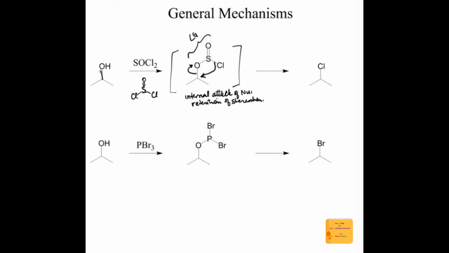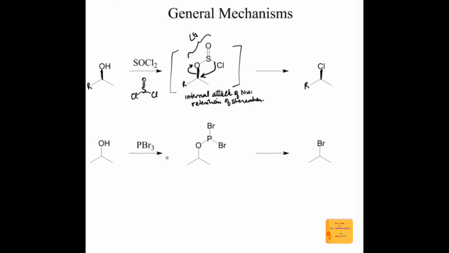So if this was an alcohol, let me put on an R group here so that we can have a chiral center. If this alcohol was a wedge, and this sulfonyl intermediate would still be a wedge because all we did was react this oxygen, it turns out that the chlorine is still going to be a wedge. Okay, now again, the stereochemistry is usually not a real big issue here, but this is generally the mechanism we're seeing, and typically we see a retention of stereochemistry if we have that.